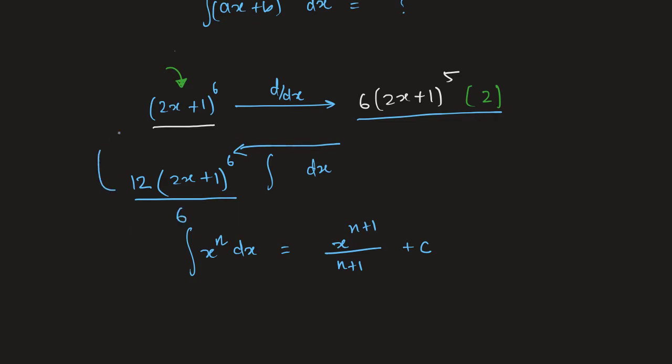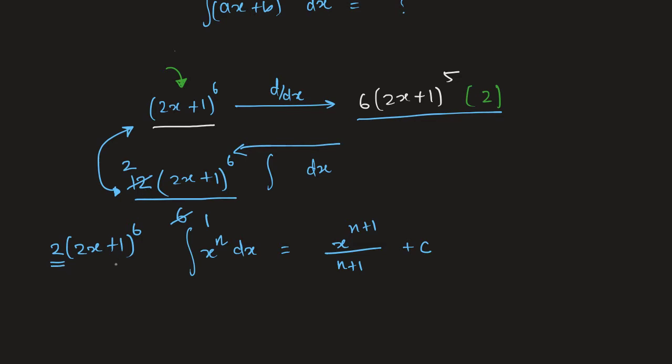Are these two expressions the same? No. If we simplify, this is 6 times 1, and this is 6 times 2, so the final expression we get is 2 times (2x + 1) to the power 6. So we are getting an extra 2 here.